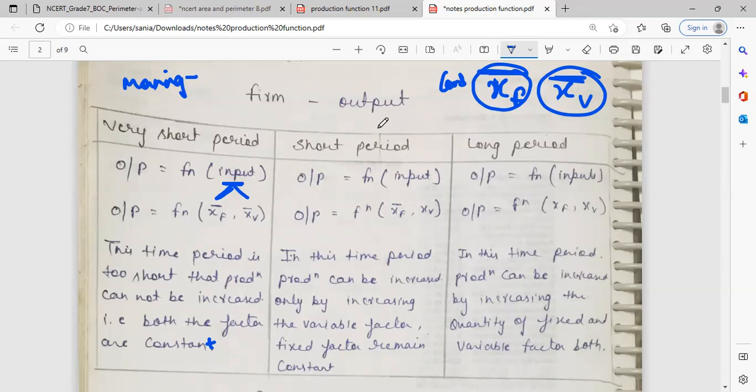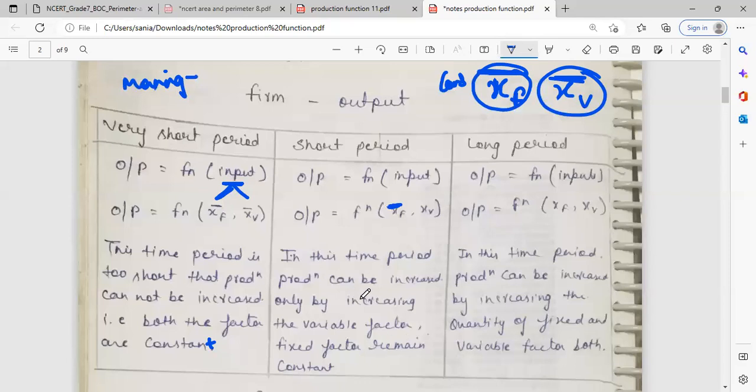Now coming to the short period of time. Over here, OP is output. Output depends on, again, input, which can be variable and fixed. The fixed factor remains fixed, but the variable factor you can change. In this time period, production can be increased only by increasing the variable factor, while the fixed factor remains constant.